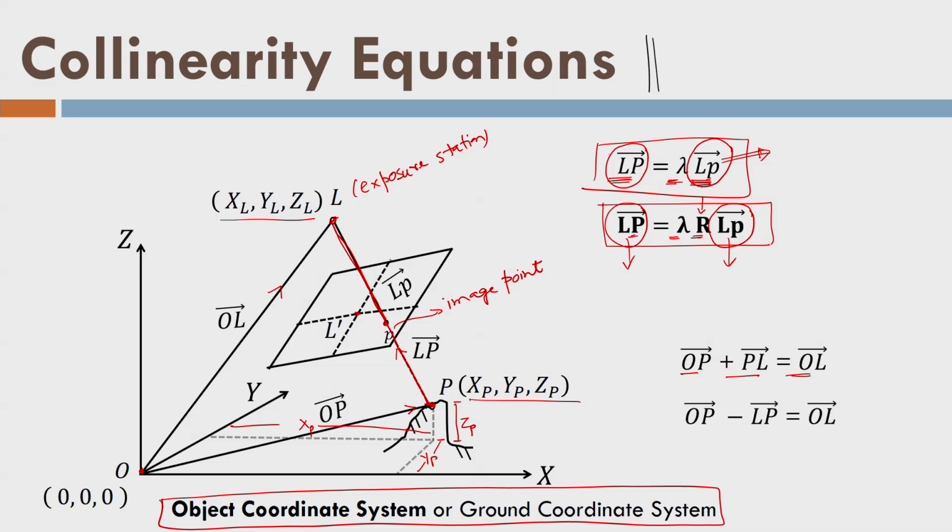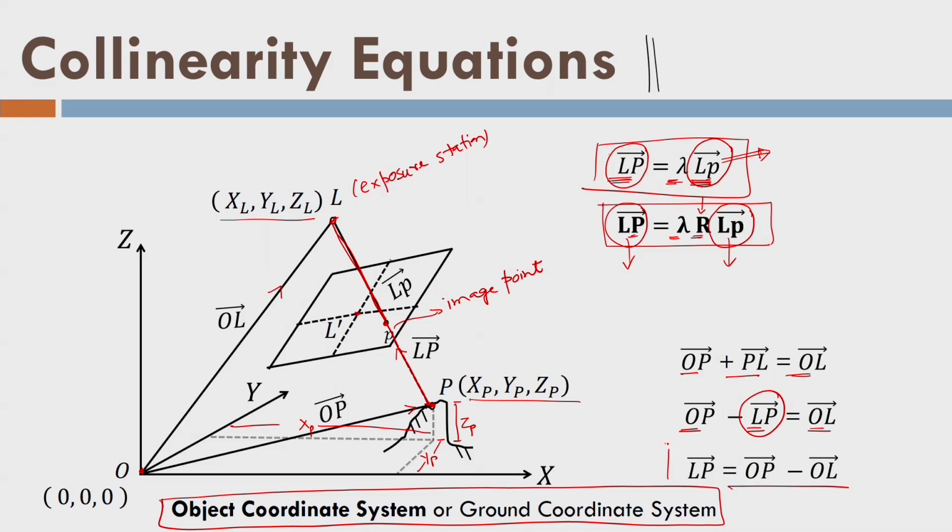I can also write OP, because I want to find out this LP, which is here. So I am writing OP minus LP equal to OL. So now let us look into what is OP and OL, because this is the way I want to find out LP. I need to first find out what is my OL and OP. Also I can write here LP is equal to OP minus OL.